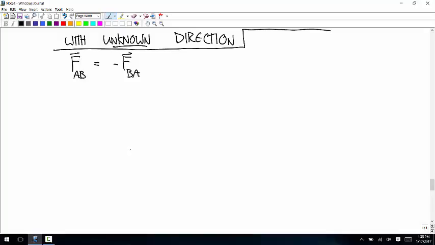So the force on body A by body B is just the negative of the force on body B by body A.